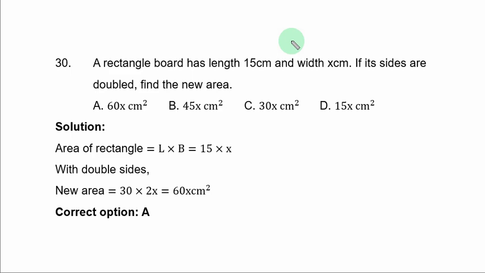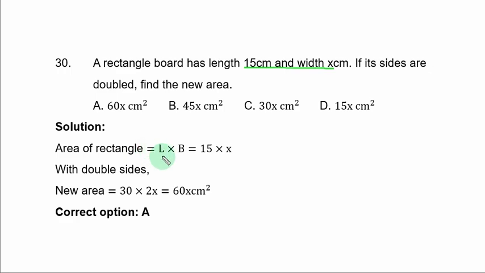Question 30. A rectangle board has length 15 cm and width S cm. If its sides are doubled, find the new area.